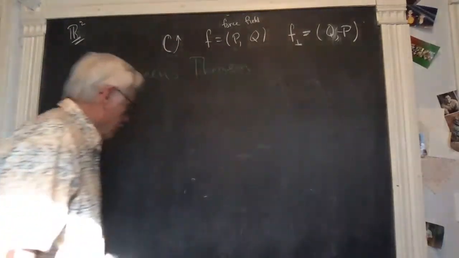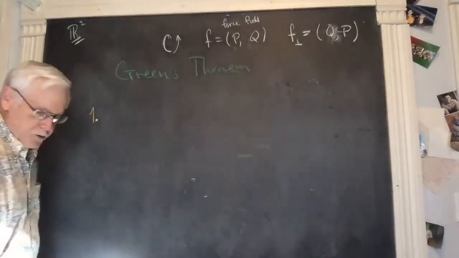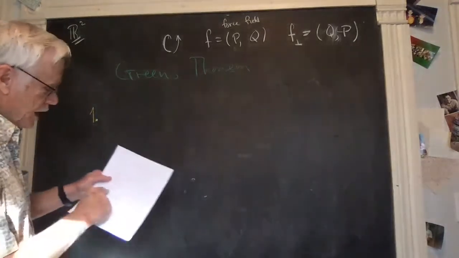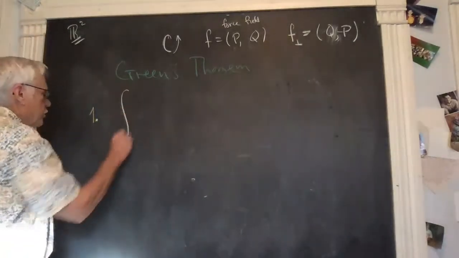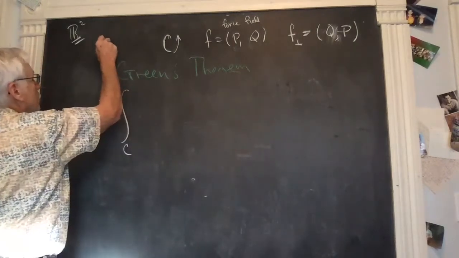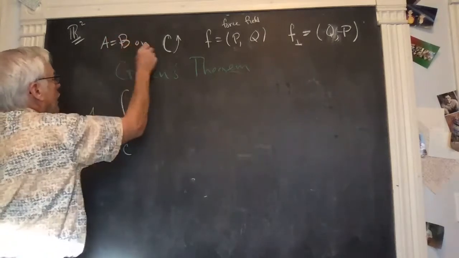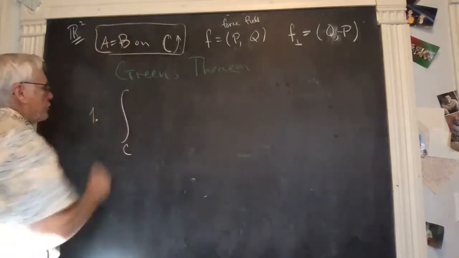So the first version of Green's theorem, and I refer you to your sheet again. This is at the bottom here. So if you integrate around a closed curve C, so A equals B on the C's that we're dealing with here.